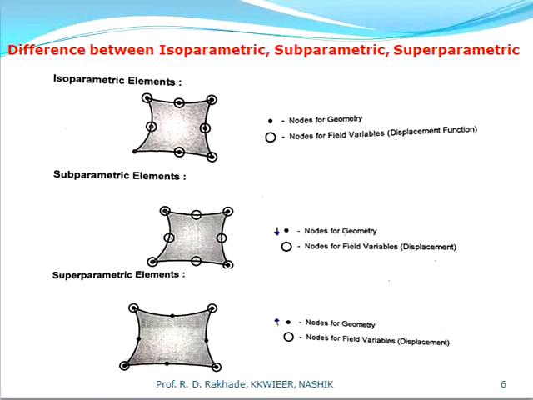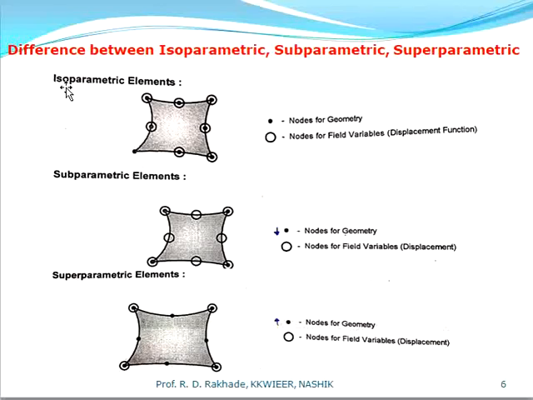Then there are different types of formulation in FE, such as isoparametric, subparametric, superparametric elements. So what is the difference between these three formulations? We know what is meant by geometric variable and field variable.